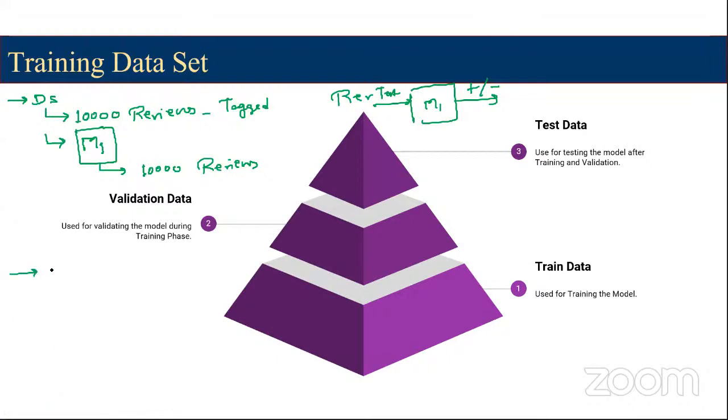Say this M1 is nothing but a student, and we are trying to teach the concept of addition and subtraction to a student, S1.